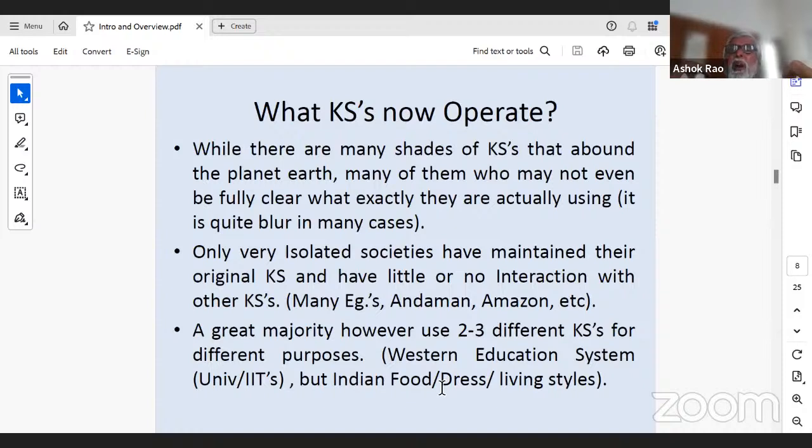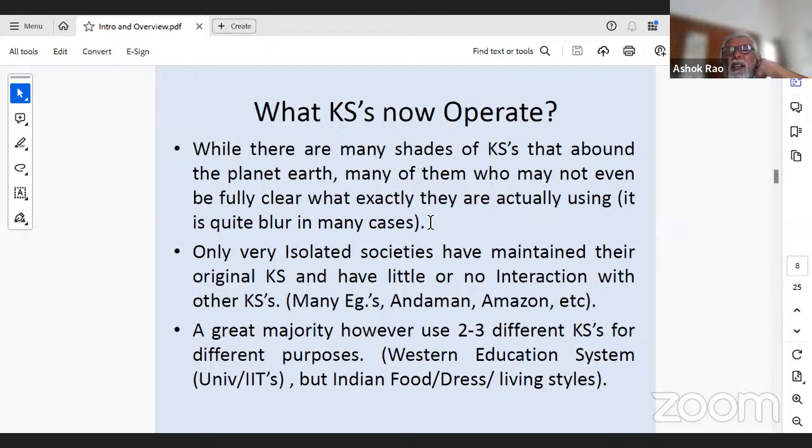So we need to know now what are the knowledge systems which are operating and what it means, etc. Many knowledge systems are there. Hundreds of them are there, even though four dominate. And many of us will not be clear what we are using because it's very blurred.